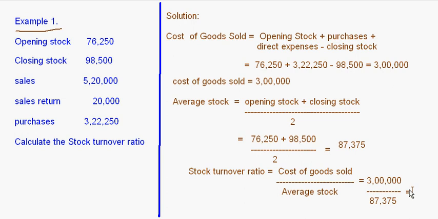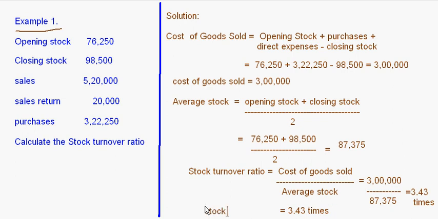So the answer we will write as 3.43 times. So this is the stock turnover ratio. 3.43 times will be the answer.